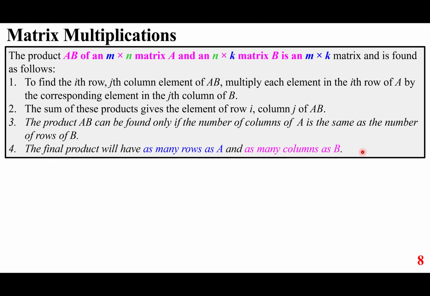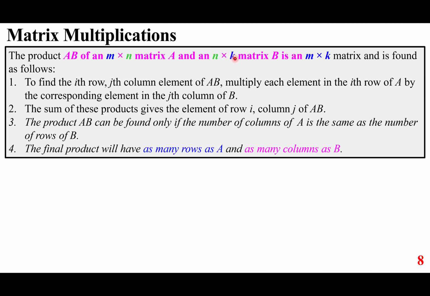What do we mean by that? Let's look at a couple of examples to make some sense out of this. The thing that is important, you can't just multiply any matrices. They have to match properly, meaning if you look at m by n, n by k, the number of columns, n for the first one, and the number of rows, n for the second one, must be identical.